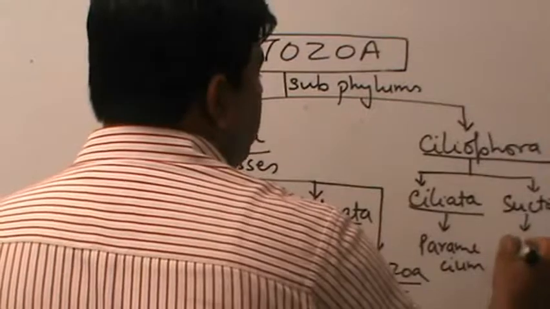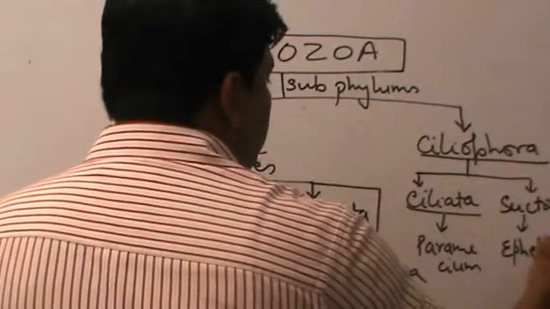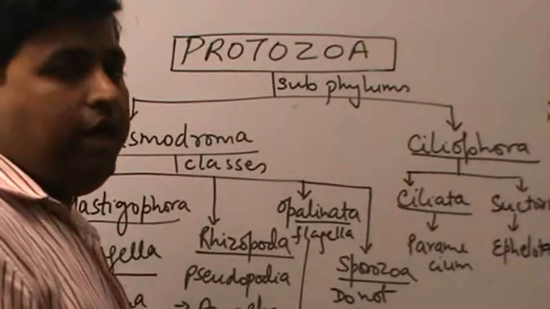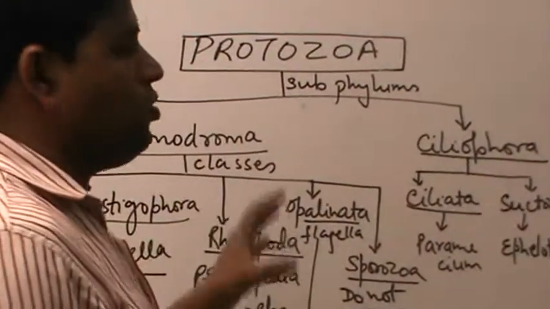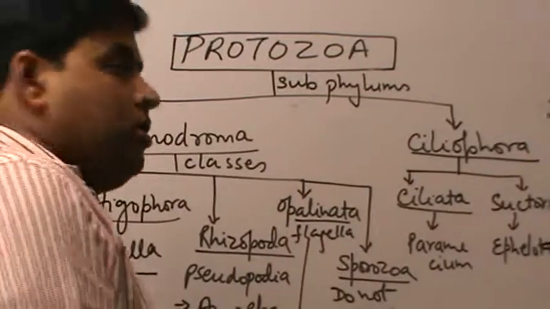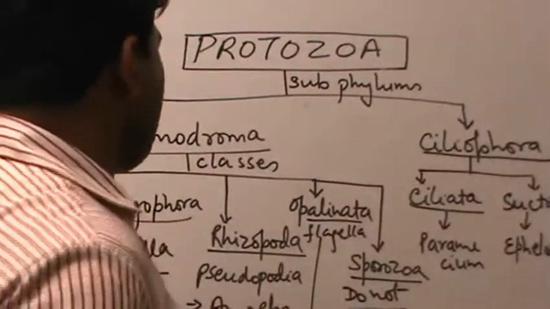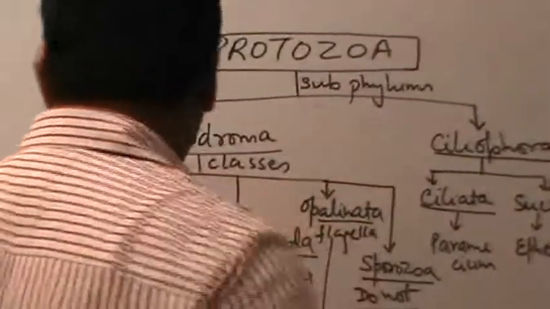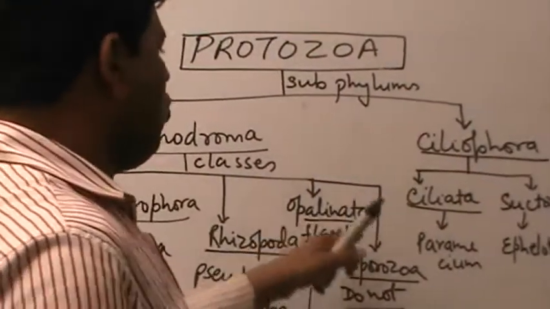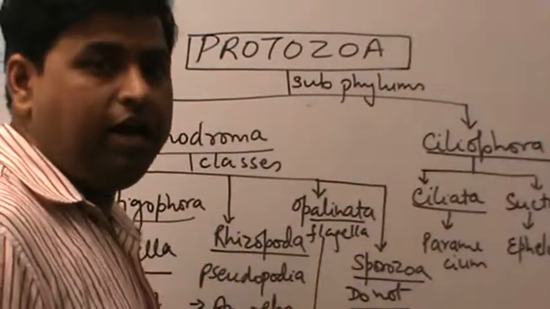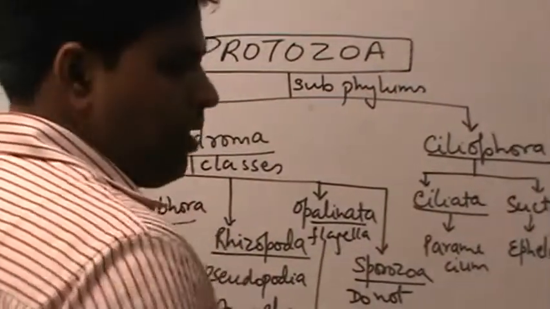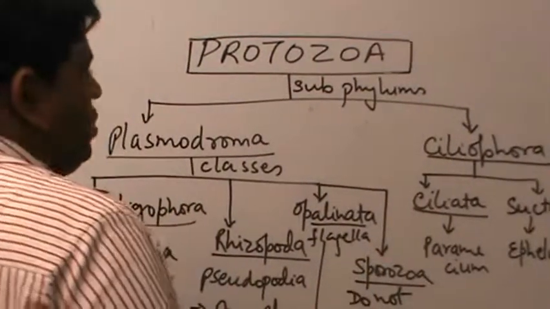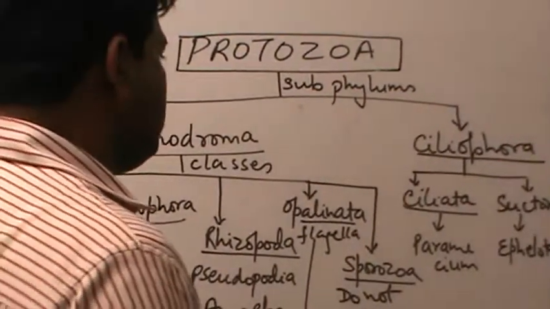Suctoria, Ephelota. So the whole phylum is categorized on the basis of locomotory organelle: Plasmodroma and Celiophora; Mastigophora, Rhizopoda, Opellinata, Ciliata and Suctoria. Now this is the complete classification of phylum Protozoa.